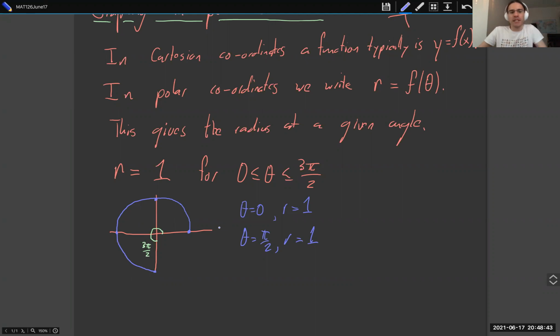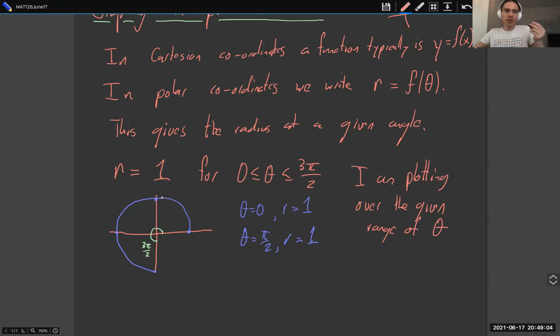So this restriction means that I stop here. The range I'm plotting is over the given range. And so the equation r equal to a constant gives a circle. In Cartesian coordinates, we'd have to write x squared plus y squared equals r squared. But in polar coordinates, it's a much simpler equation, right?